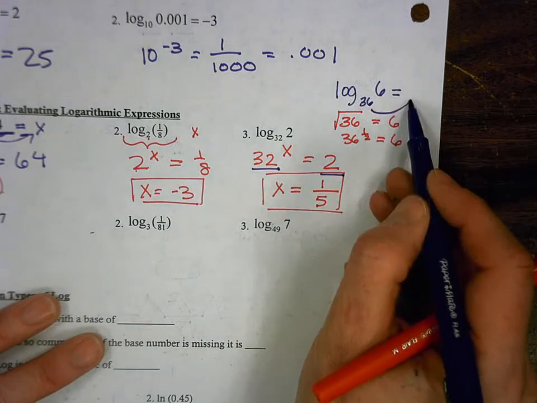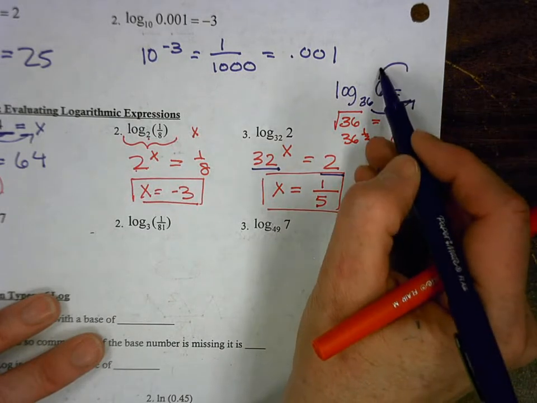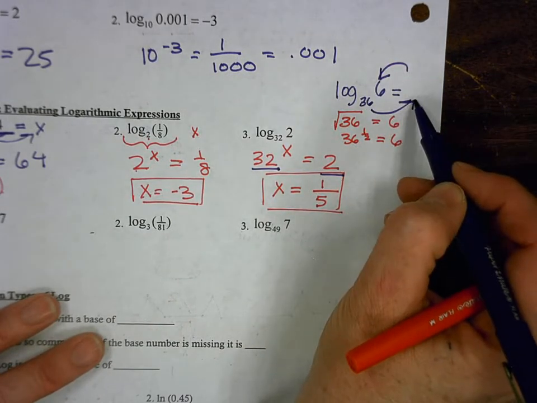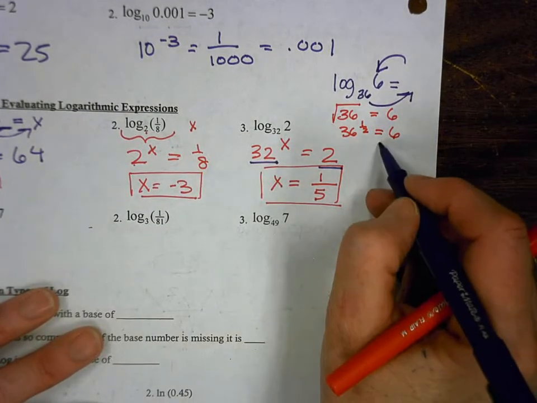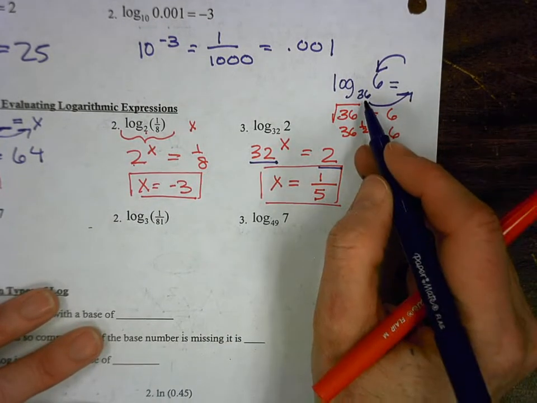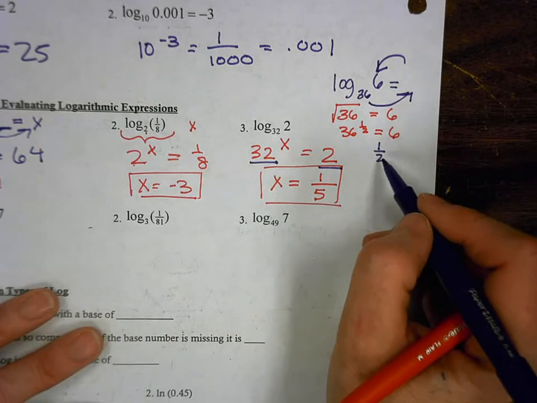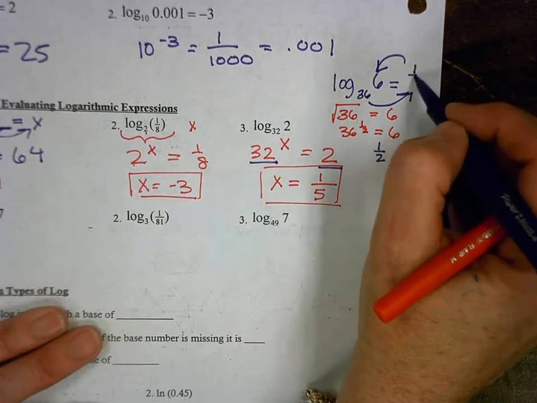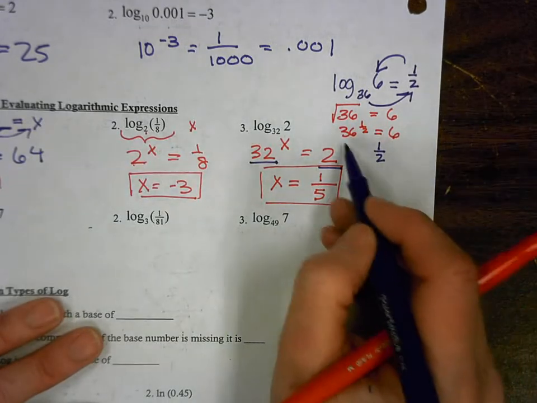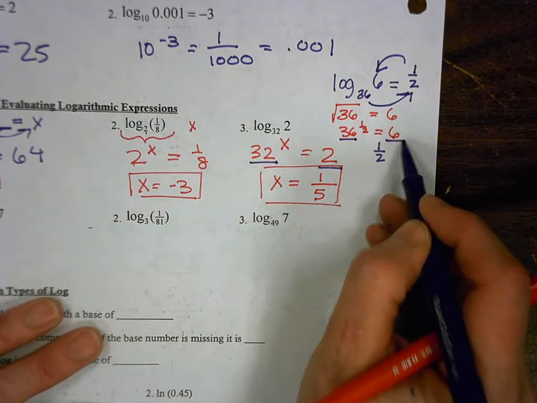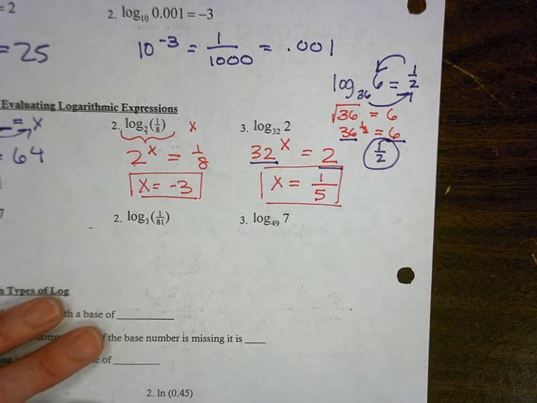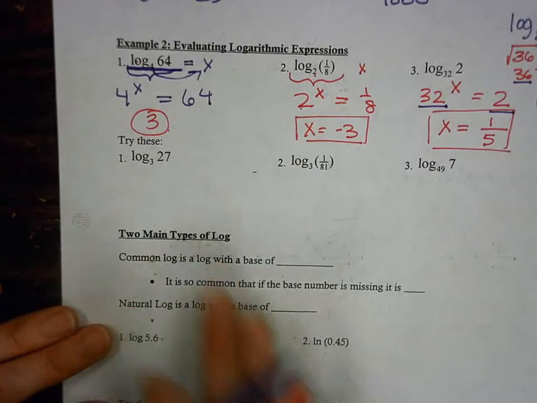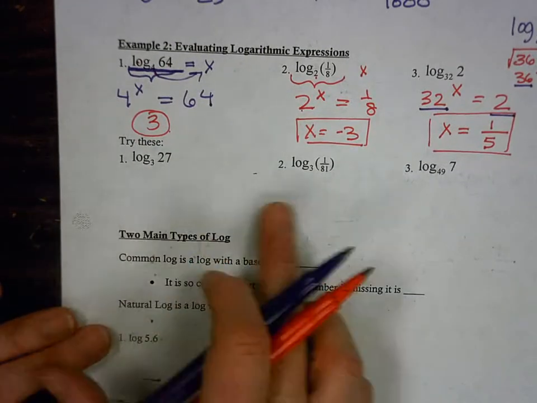Here we have 36 to the x equals 6. 36 to what? Well, the answer to that is 1/2. The square root, or 36 to the 1/2, is 6. Okay, so that answer is 1/2. When you're going from a larger number to a smaller number, your answer is a fraction.